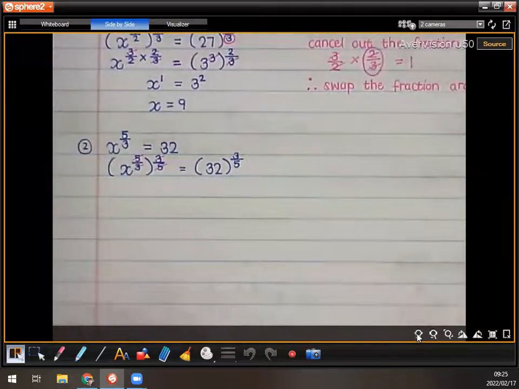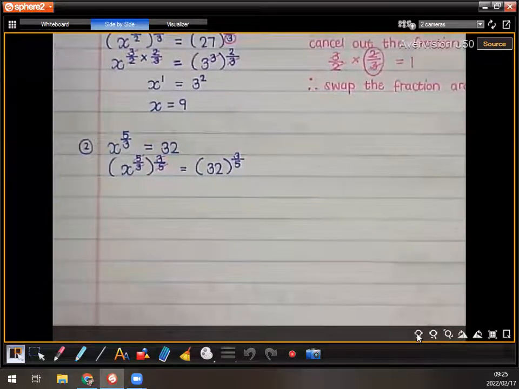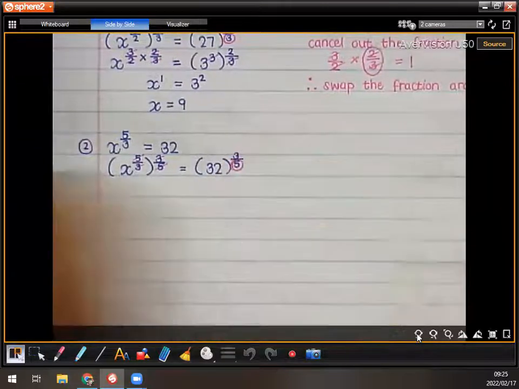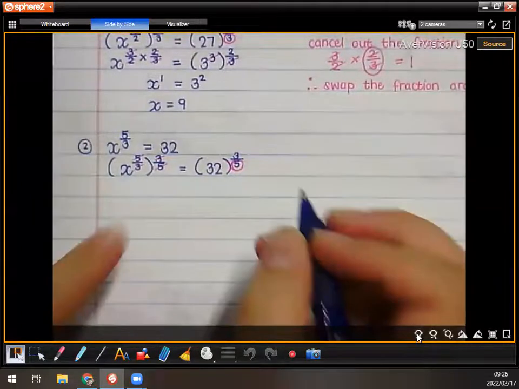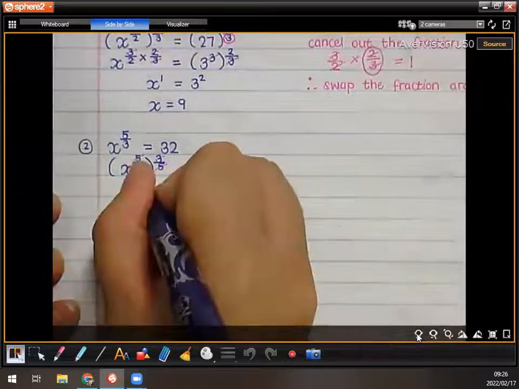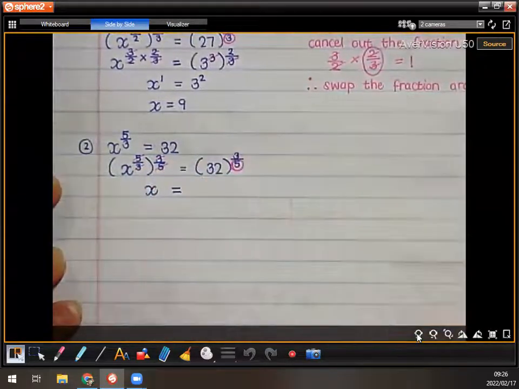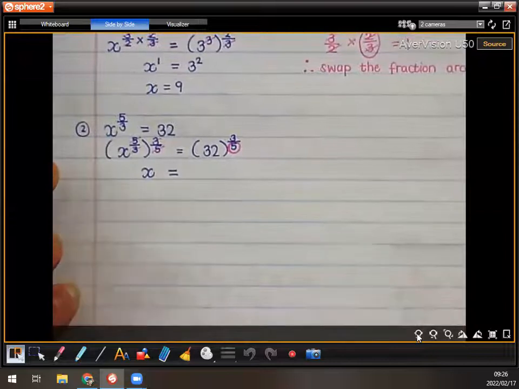What am I going to do on the other side? The denominator that I have is 5. So I need to write 32 as something to the power of 5. 2 to the power of 5. So here, this is going to become x to the 1, which is just x. You can write that 1.